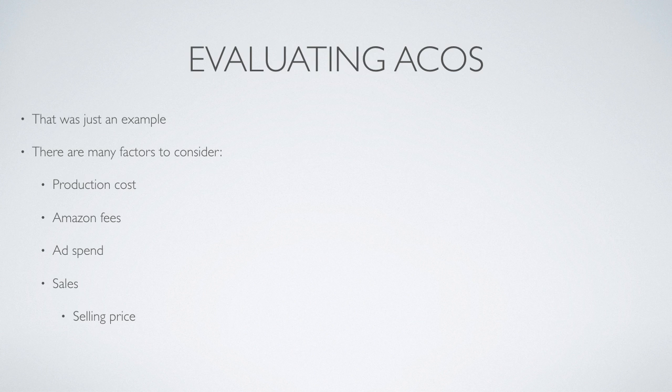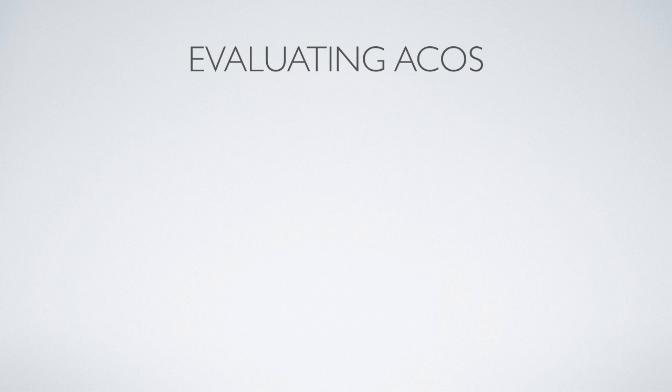You have to consider all of these different factors before making an evaluation, whether it was successful or unsuccessful, whether it was good or bad, or whether you made money or you lost money. Okay, and then also the number of orders plays a role. Those two things, the selling price and the number of orders, both fall under sales. So these are all the factors that you need to consider.